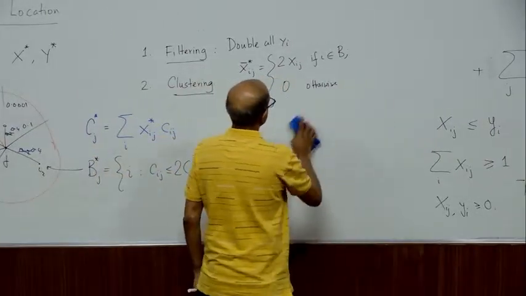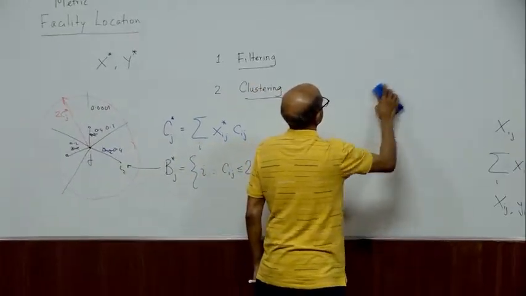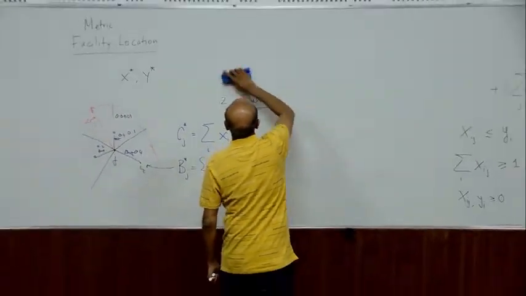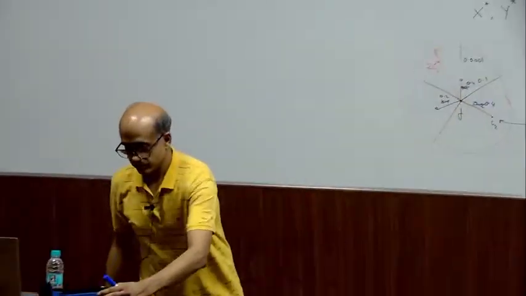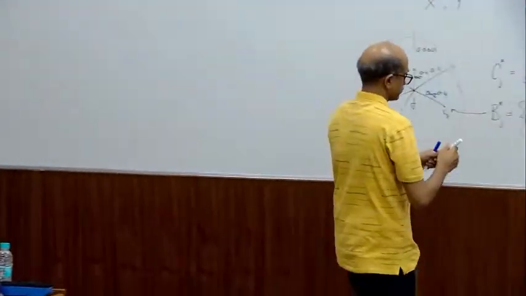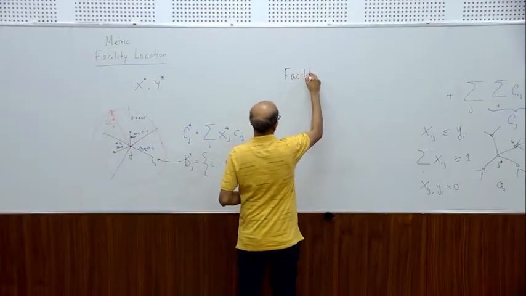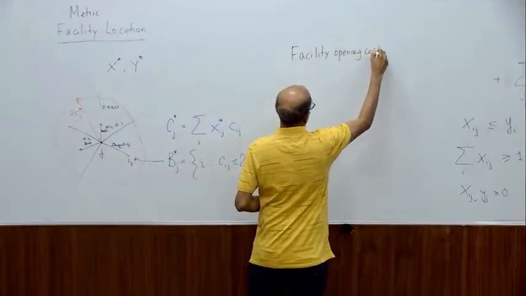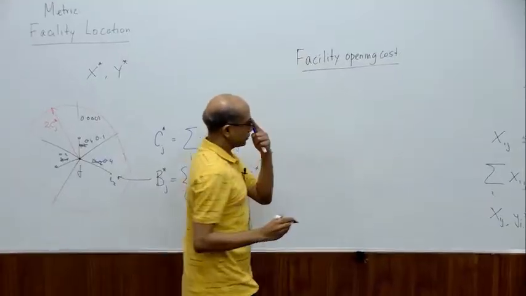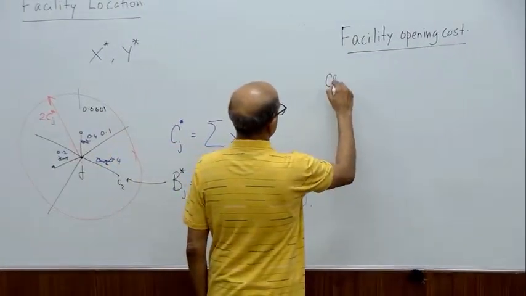So there are two things to bound. Let us bound the facility opening cost. How much did I pay in facility opening? Let's look at any of the clusters, say cluster 1.